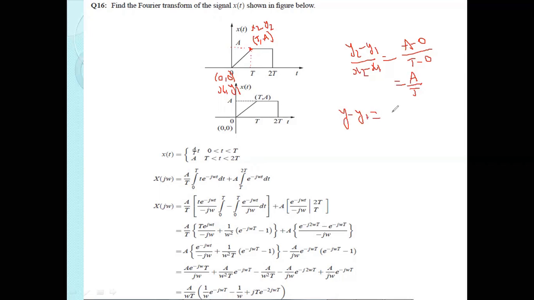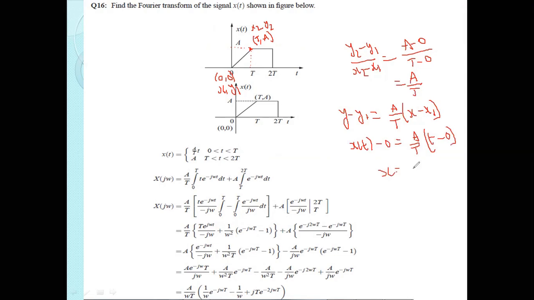The y minus y1 is equal to A by T into x minus x1. What is the y? The x of t's equation. The x of t minus 0 is equal to A by T into t minus 0.